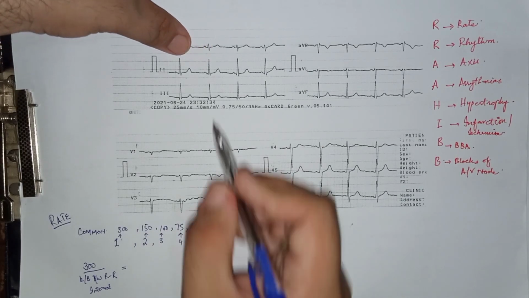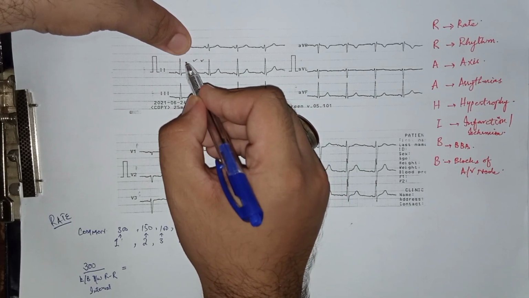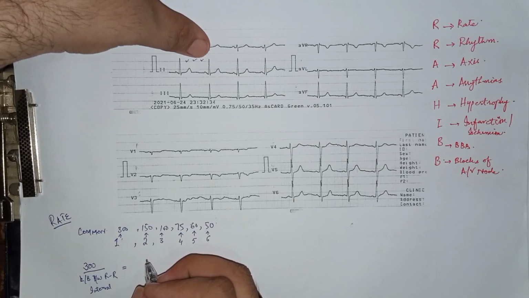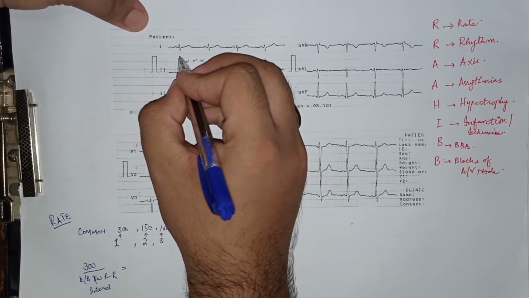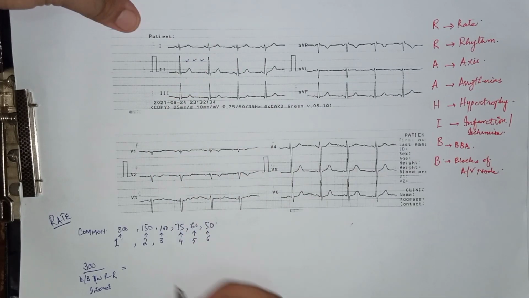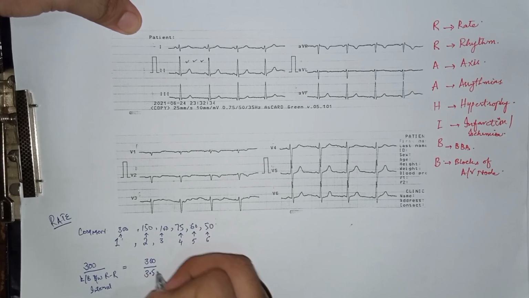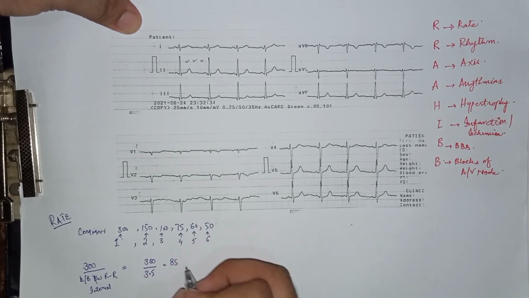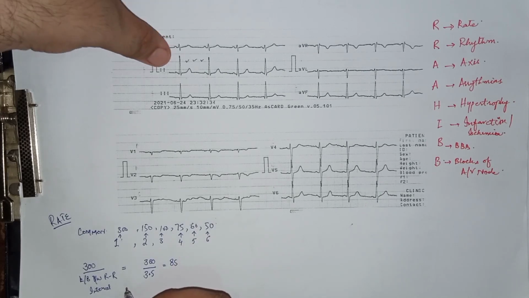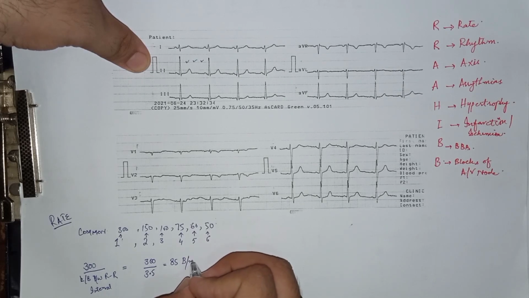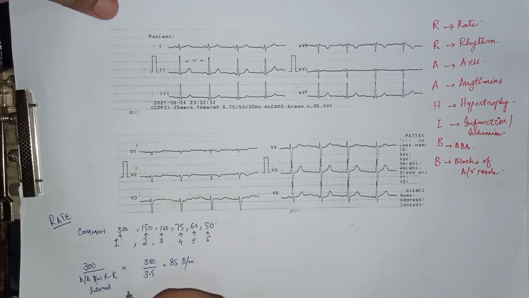Here there are one, two, three and a half, so there are three and a half large boxes between this RR interval. So 300 divided by 3.5 is equal to 85. So the heart rate in this ECG is 85 beats per minute. So this is the normal heart rate.